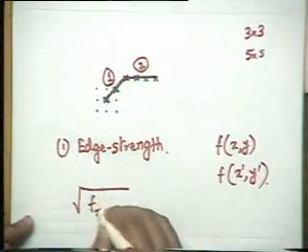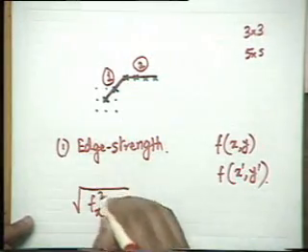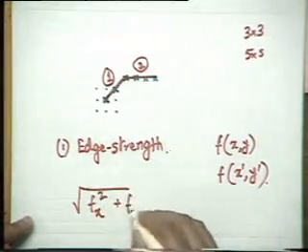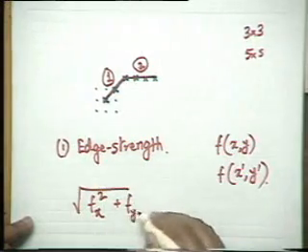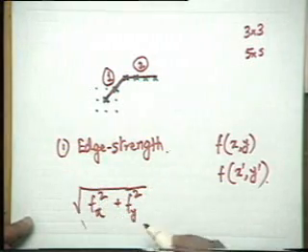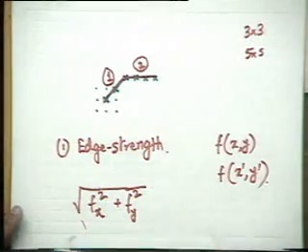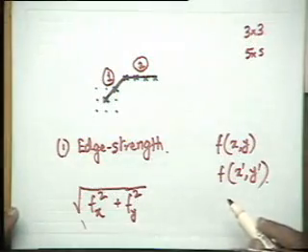So we apply a horizontal edge detection mask and a vertical edge detection mask, and supposing the horizontal mask gives fx and the vertical mask gives fy, then we take the square root of fx squared plus fy squared, and this gives us the edge strength at that point xy.